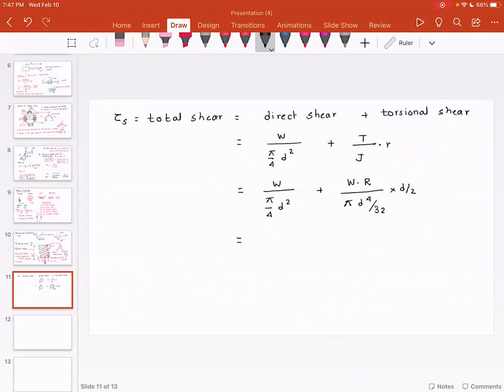When you expand this, you can take common terms outside, and this equation can be written as 8 WD divided by pi d cube, times 1 plus d by 2d.